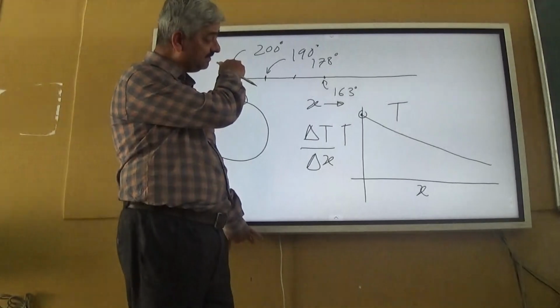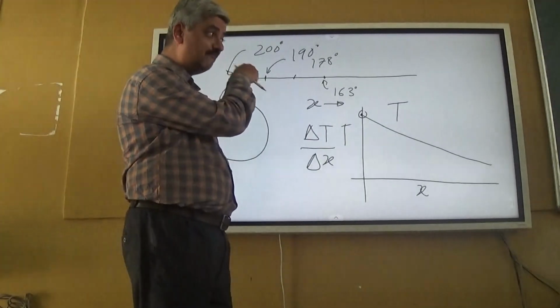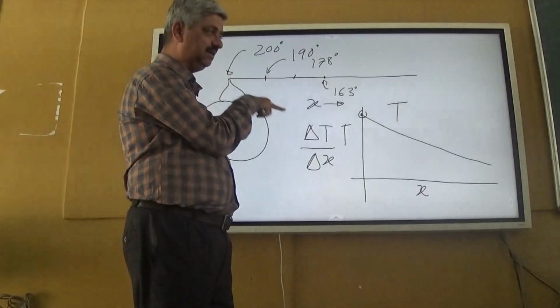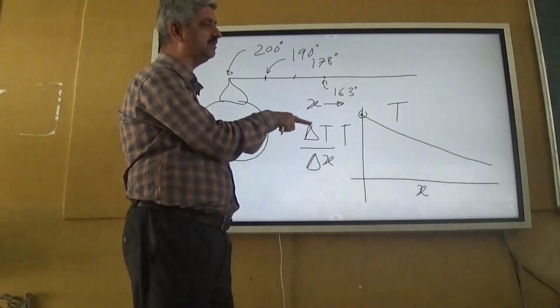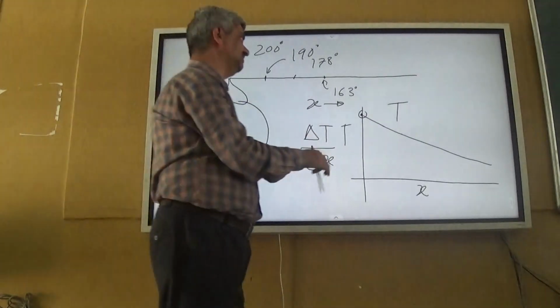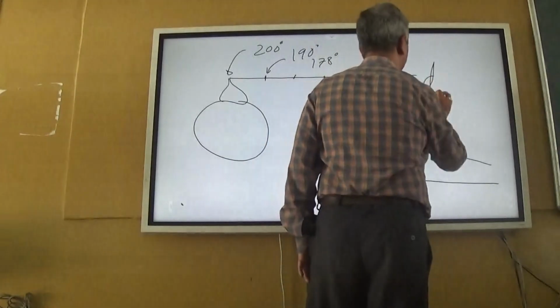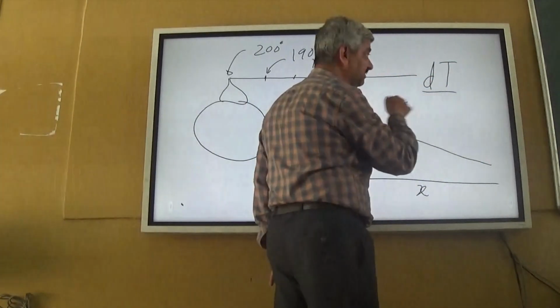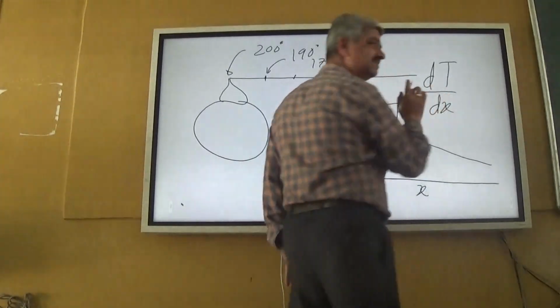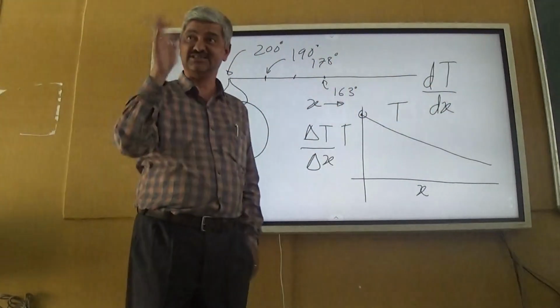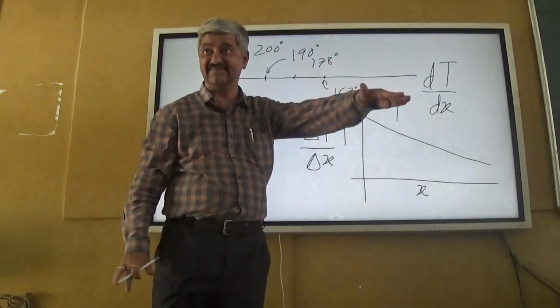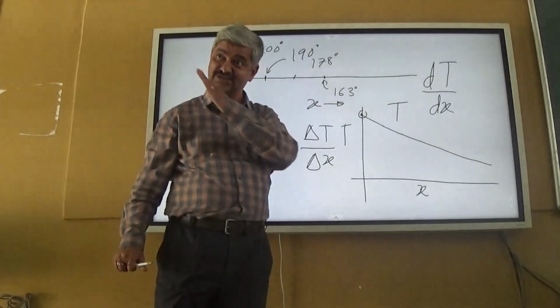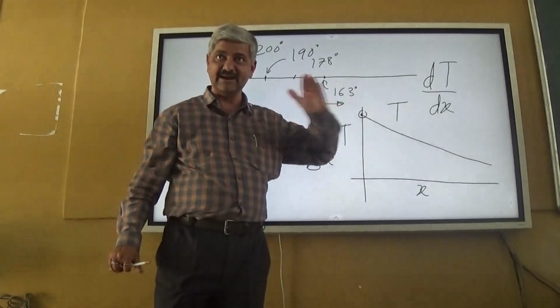That is the manner in which temperature falls as a function of x. So what does this curve represent? The actual curve dT by dx is not the same, it's not a straight line. So dT by dx varies as you vary x.